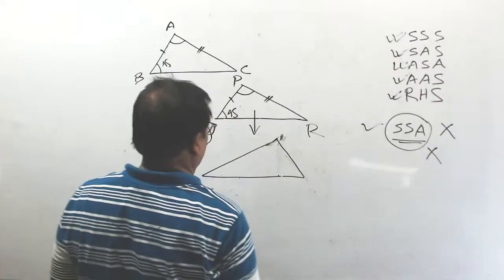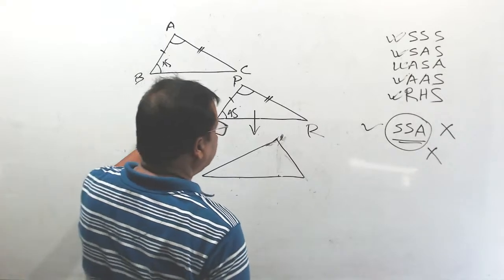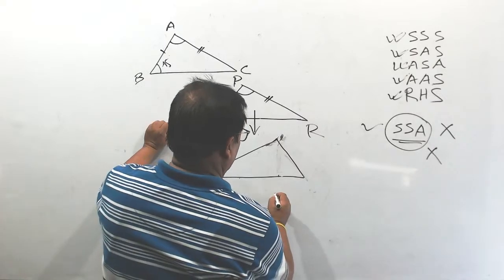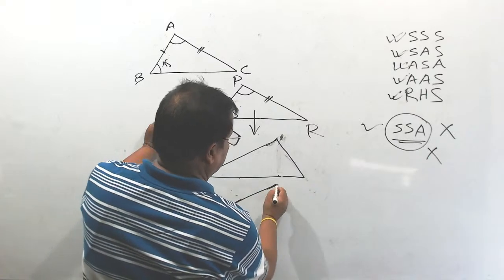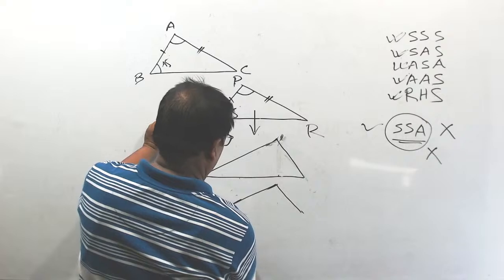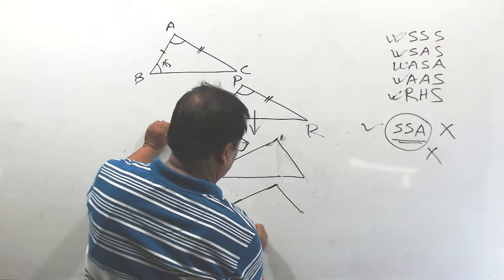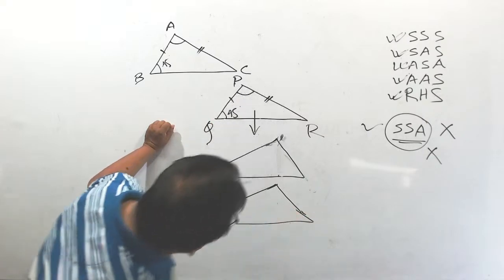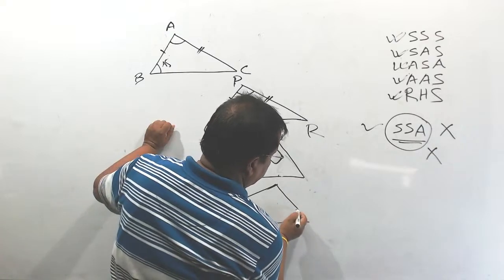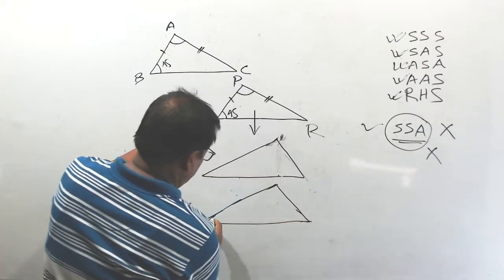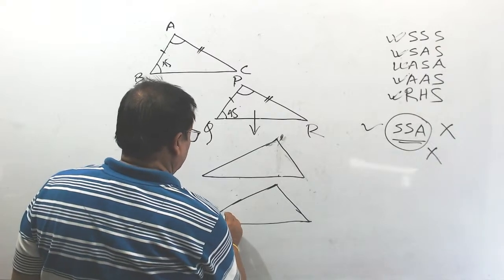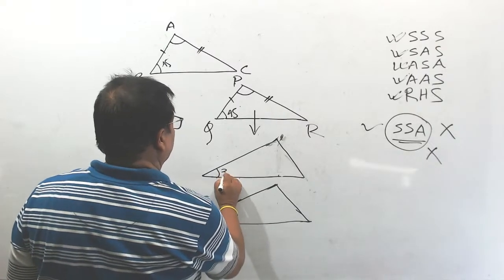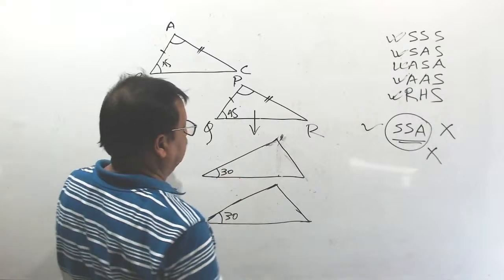I'm drawing another one here, the same size. I think clear? Say this angle 30 degrees, this angle also 30.